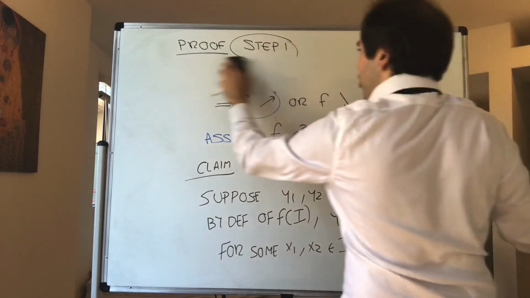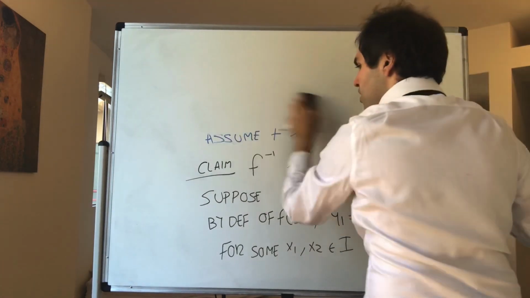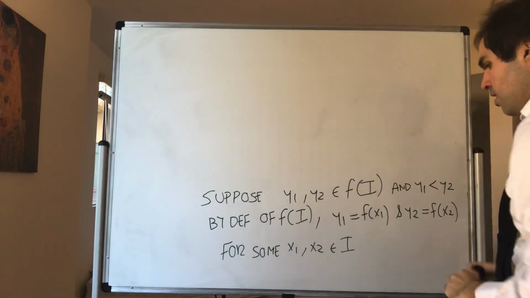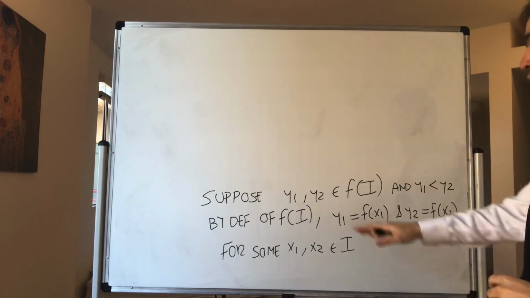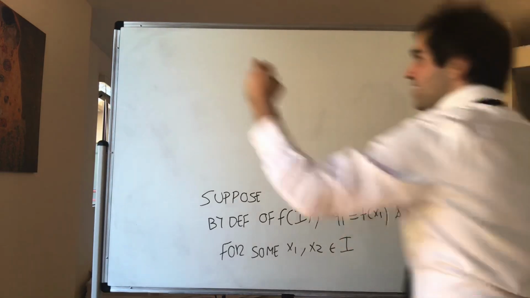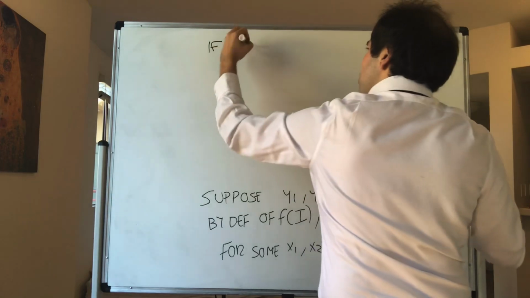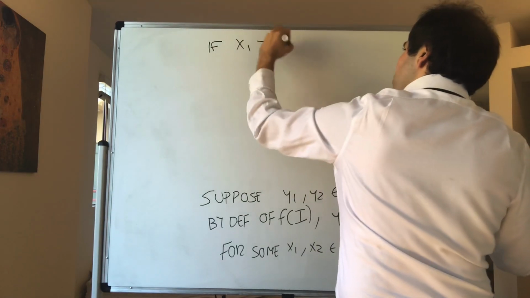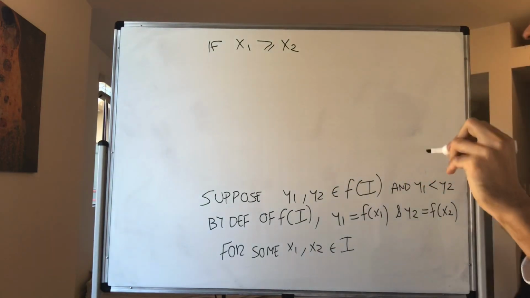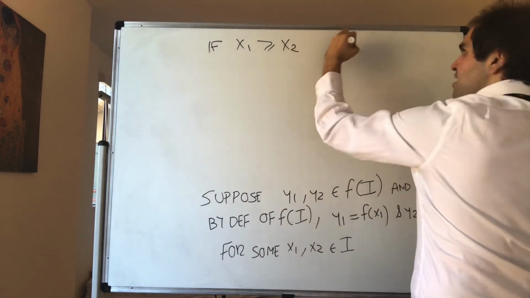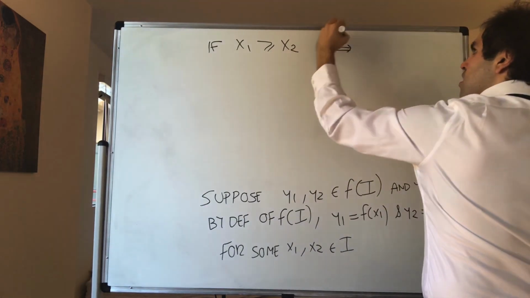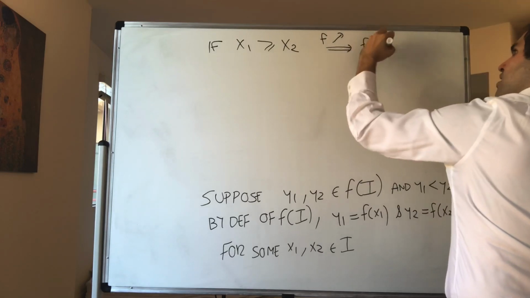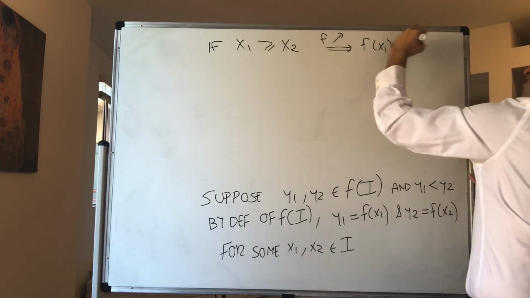Alright, however, what do we know if for some reason, just by contradiction, x1 is greater than or equal to x2? Then since f is increasing, we would get f of x1 is greater or equal to f of x2.